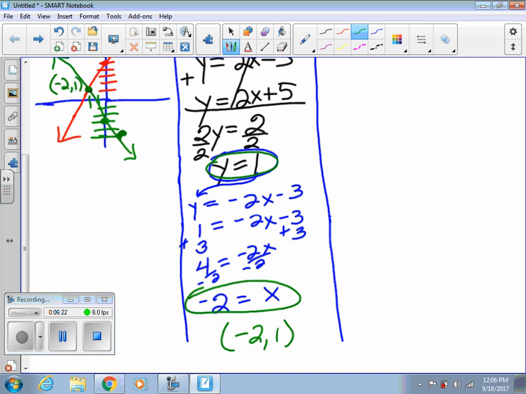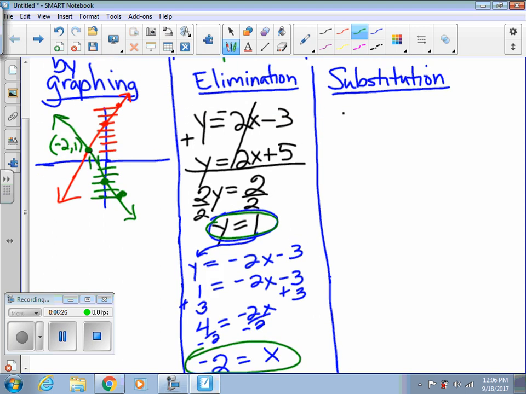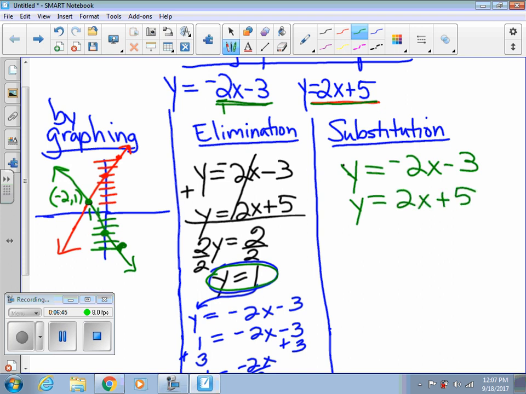Okay, so now we're going to try solving by substitution. Here we have y is equal to negative 2x minus 3, and y is equal to 2x plus 5. With substitution, I can say, well, if y is equal to this, I can plug it in there.